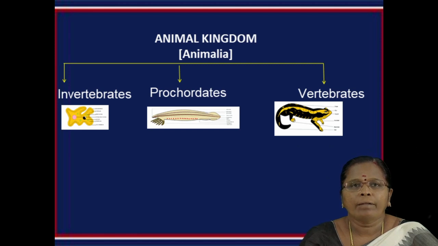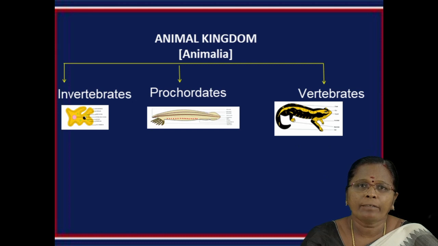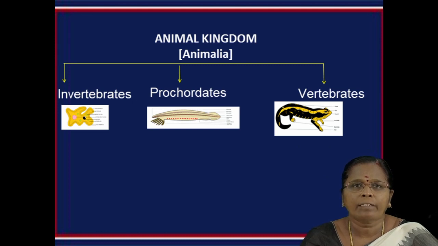What are vertebrates? The organisms that have backbones are placed under the vertebrates. Certain animals have characteristic features in between the invertebrates and the vertebrates. That means they show the primitive characteristic features as well as the advanced characteristic features. These animals are placed under the prochordates. So I hope this slide will help you to classify the animals.